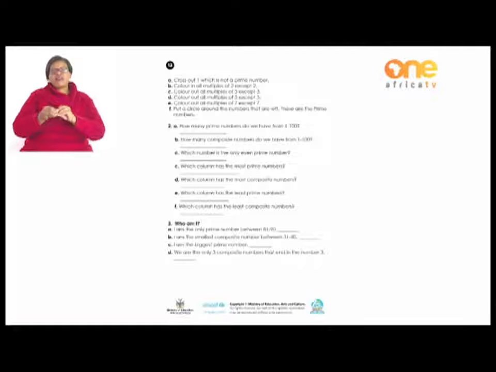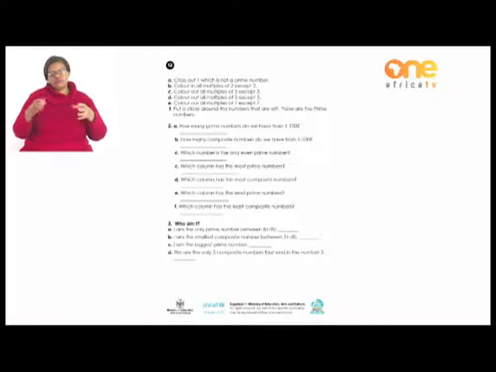In other words, those numbers that are not colored, encircle them because they will be your prime numbers. Now, if those numbers that you are encircling are your prime numbers, then obviously the rest of the numbers will be composite numbers.